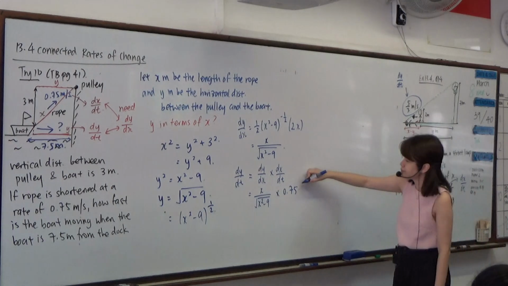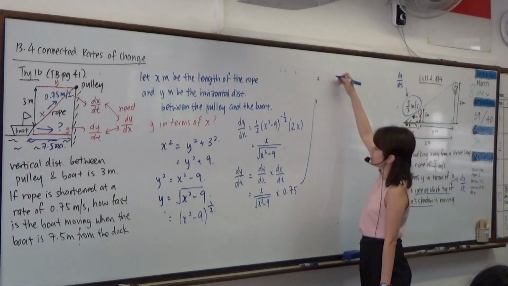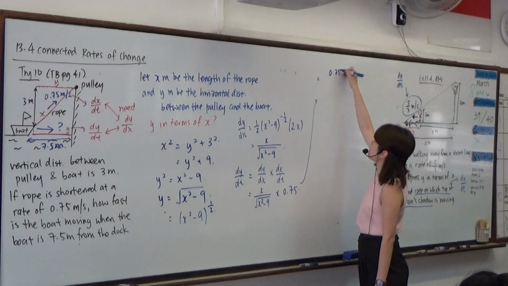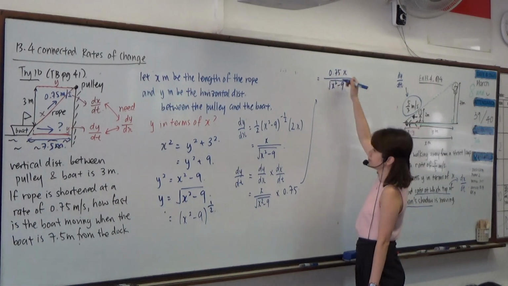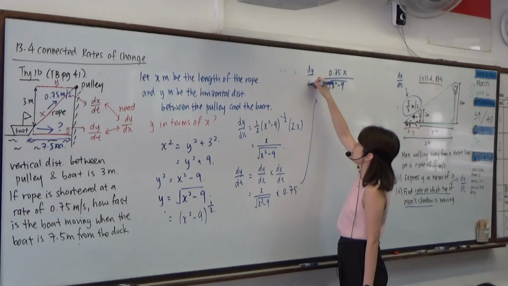And therefore we will get 0.75x over the square root of x squared minus 9 for our dy over dt.